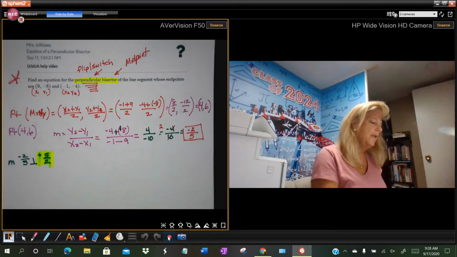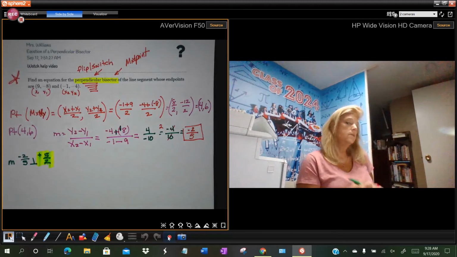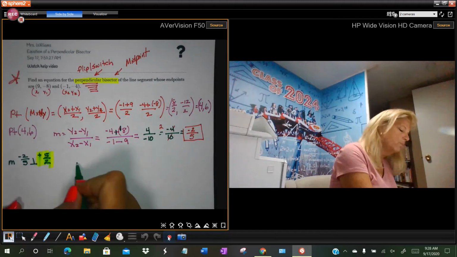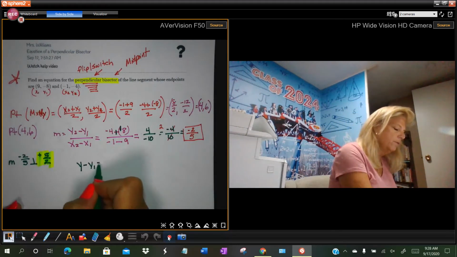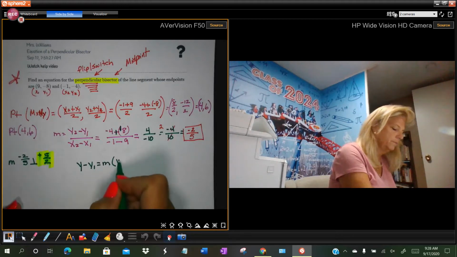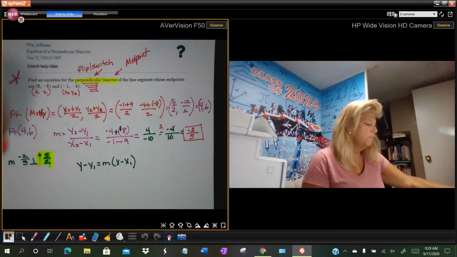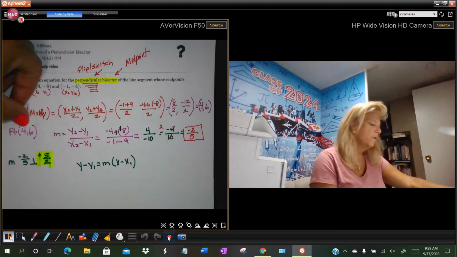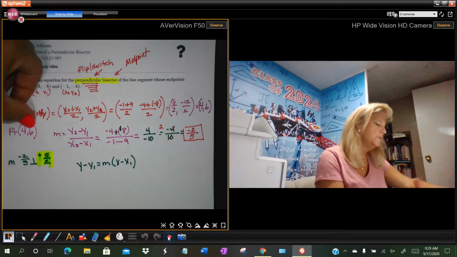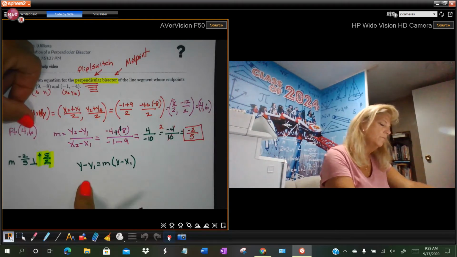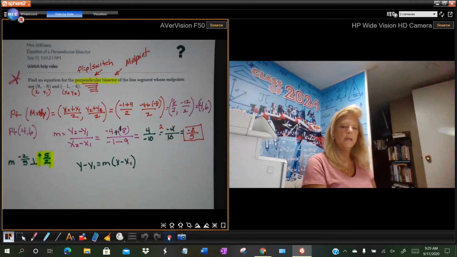All right, now we have everything we need, a point and slope, and then we put it into our point-slope formula. Our point was (4, -6), so when it goes into the formula, oh, I almost made a mistake.